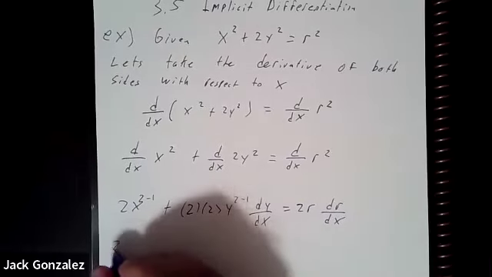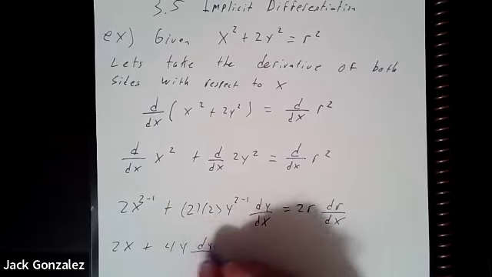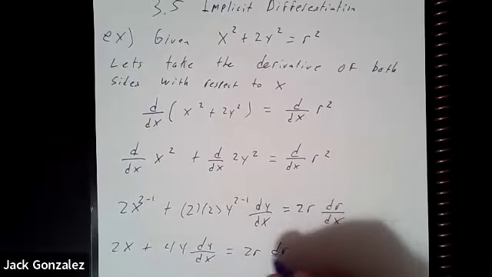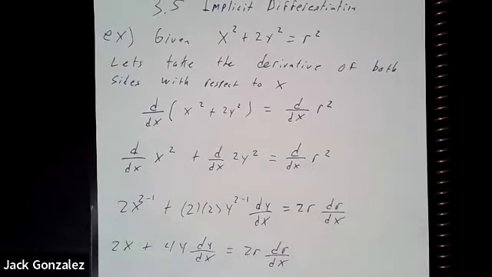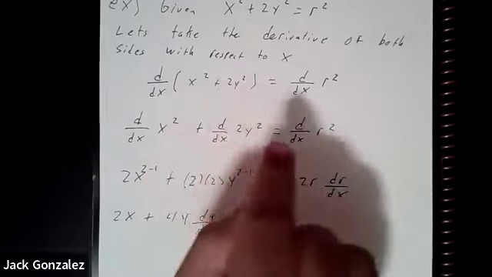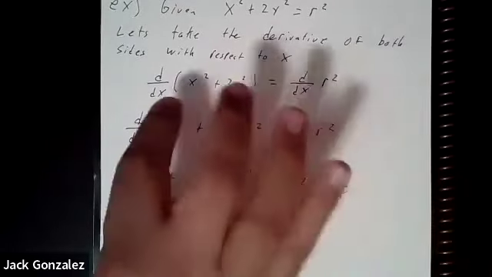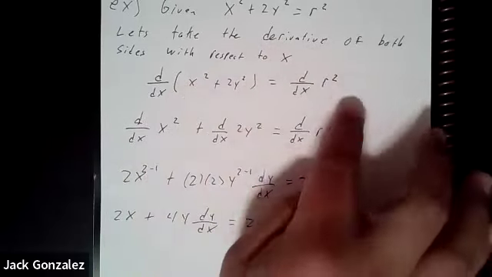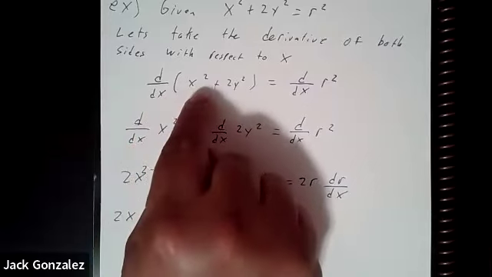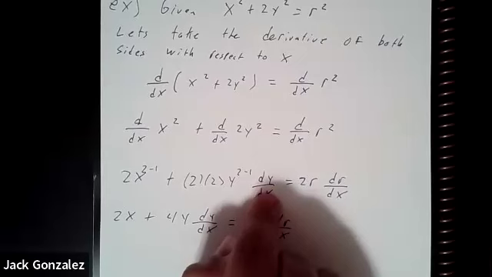So our final answer will simply be this. When you take it implicitly, you're basically taking the derivative of all the variables with respect to a specific variable. If they are different, then you have an implicit part like this.